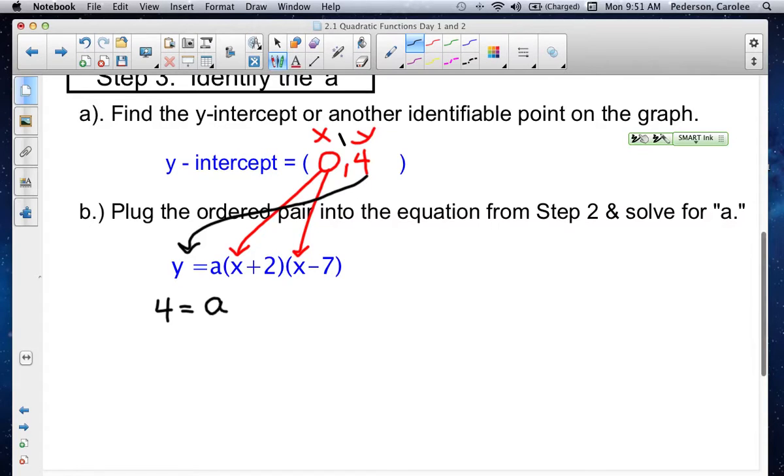A is our unknown, and then our x value from that point was 0, so we're going to plug in 0 there, and 0 here. Now we solve for A.